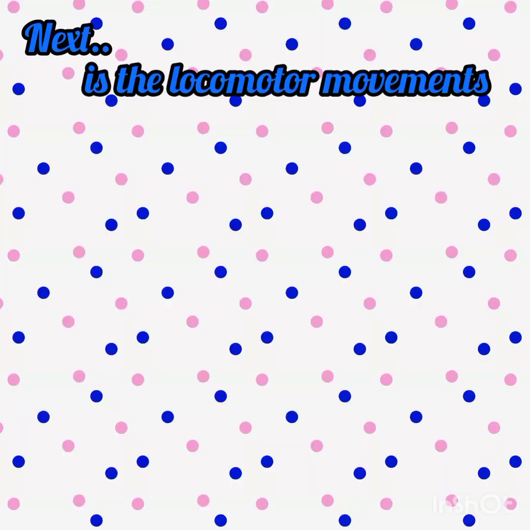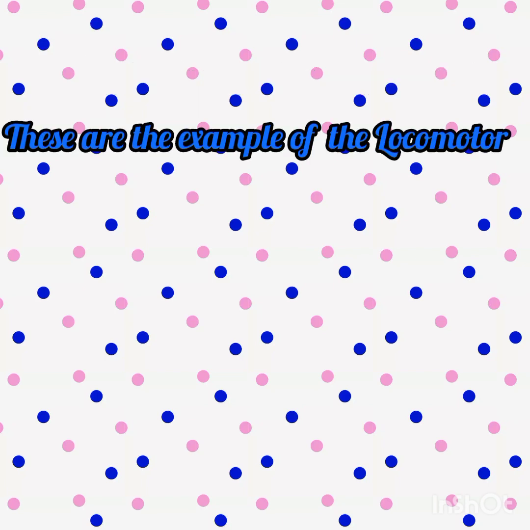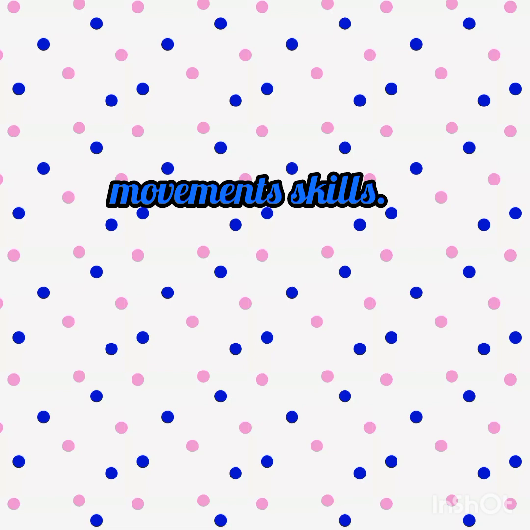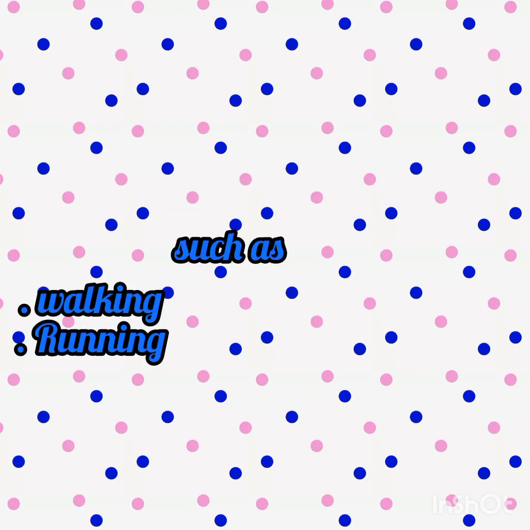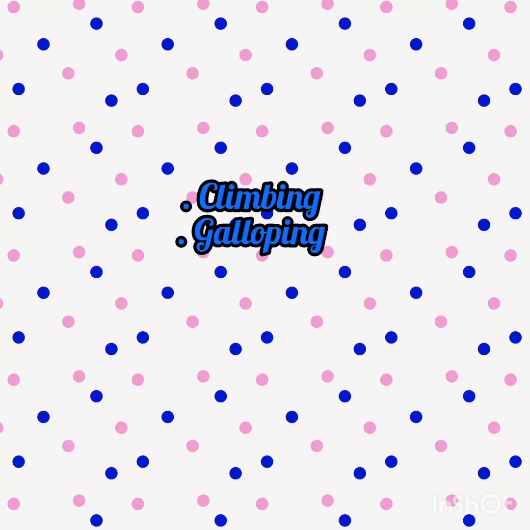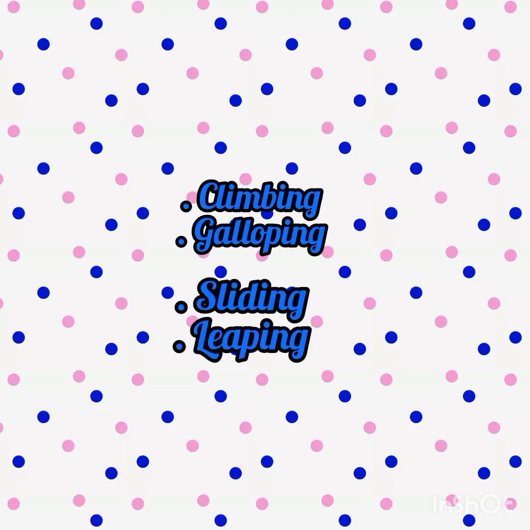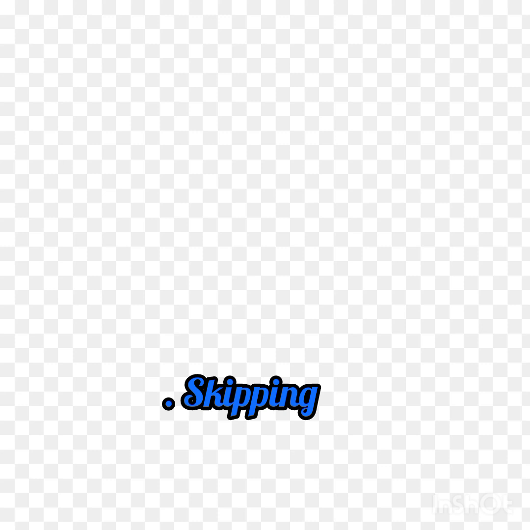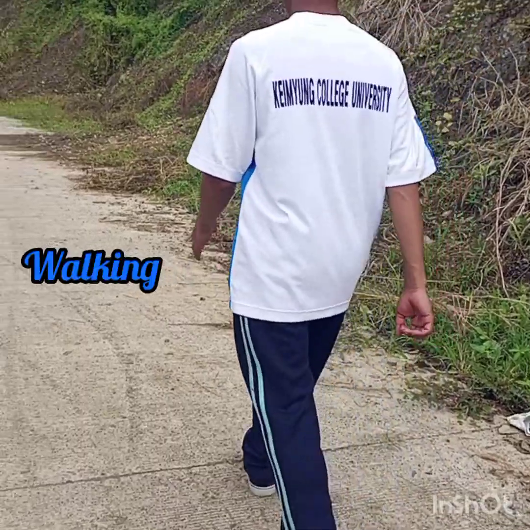And the next is the locomotor movements. These are examples of locomotor movement skills such as walking, running, jumping, hopping, climbing, galloping, sliding, leaping, skipping, and many more. And now let's start. First is walking.